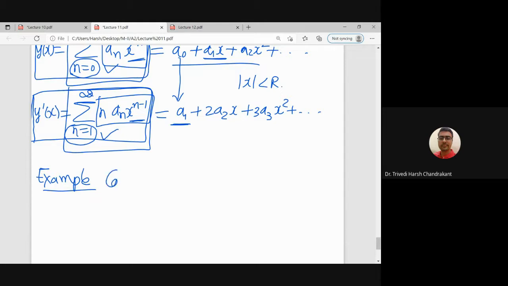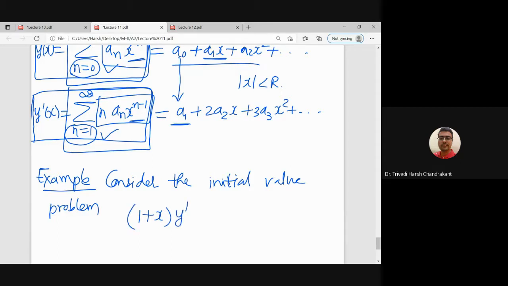So consider the initial value problem. So we are given a first order differential equation, that is (1 plus x) y dash is equals to p y. The initial condition is y(0) is equals to 1, right?